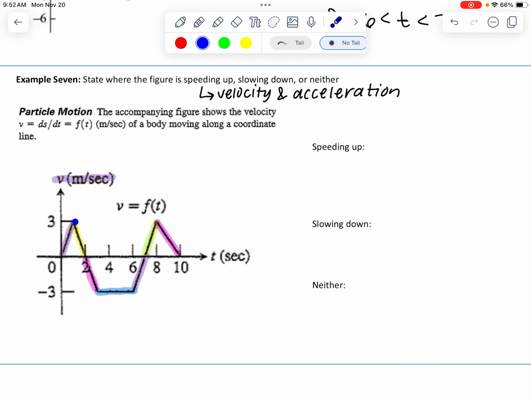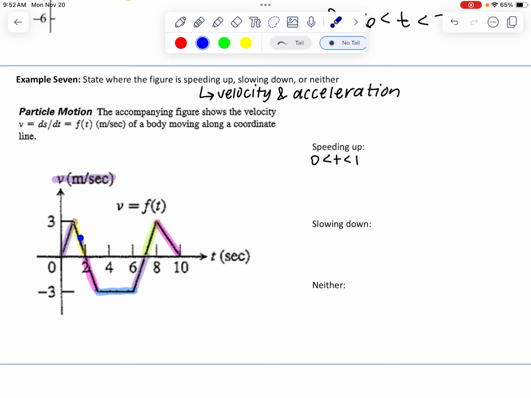The velocity is positive. Then, like the last one, to figure out the acceleration we think, what's the slope of the tangent line? The slope is positive here, which means acceleration is positive. The velocity is positive too because it's above the x-axis. So from 0 to 1, my object is going to be speeding up.